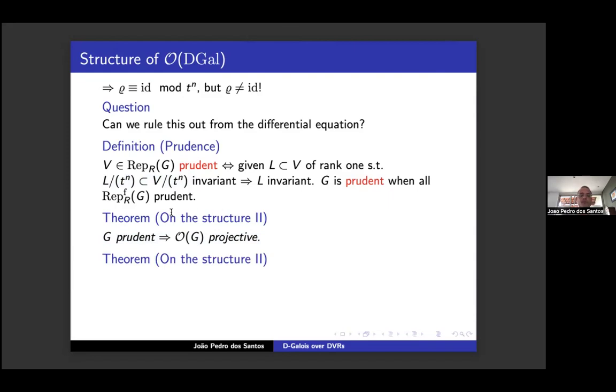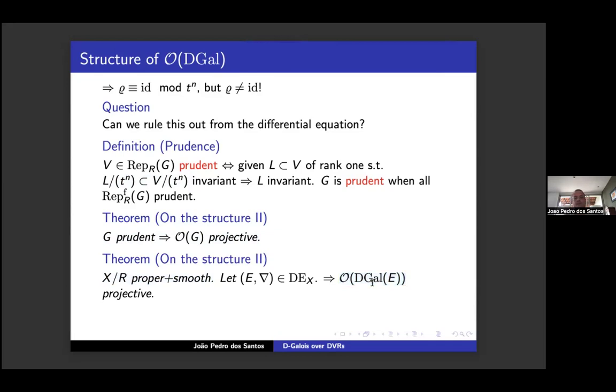And so the main application of this, here is the reference to the paper which we wrote, on the structure of affine flat group schemes. It's the second part. And why can I use this? It's that if X over R is smooth and proper, then the ring of the differential Galois group is projective.